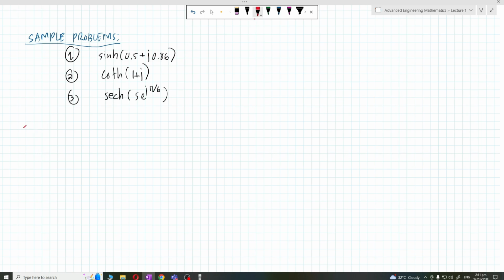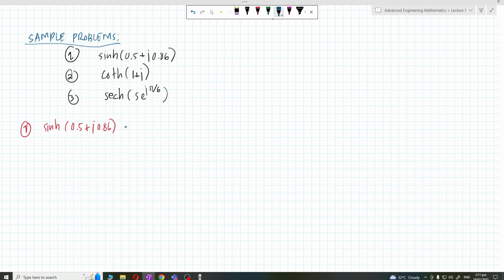So, number 1. The sine hyperbolic of 0.5 plus j0.86. Pag itong problem, i-expand mo lang siya guys.